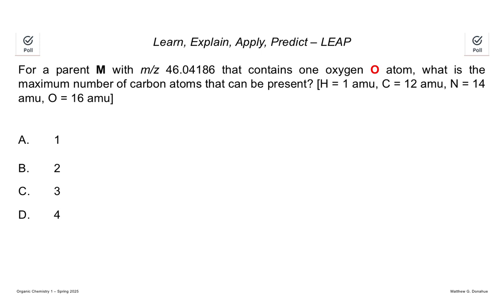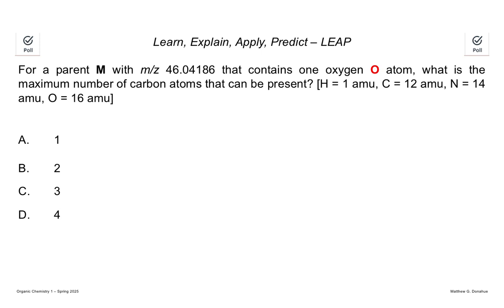If we have a compound with a parent ion mass of 46.04186, the reason you see so many decimal points is because of how those different isotope abundances contribute to a mass in a molecular formula. The more decimal points you have, the more it narrows down the possible combinations of elements that you can stuff into that number.